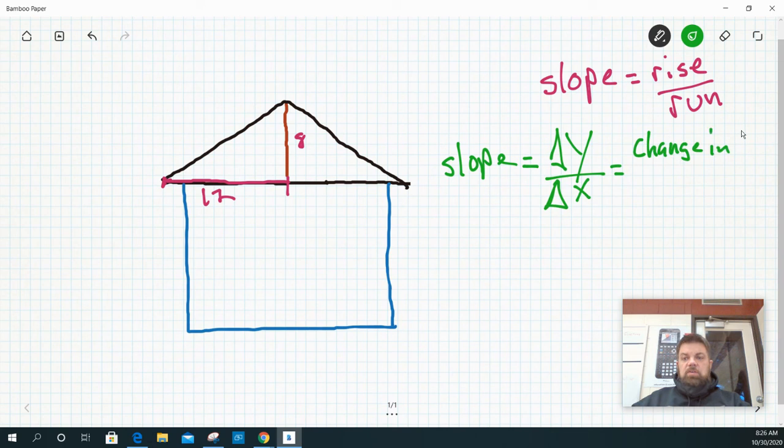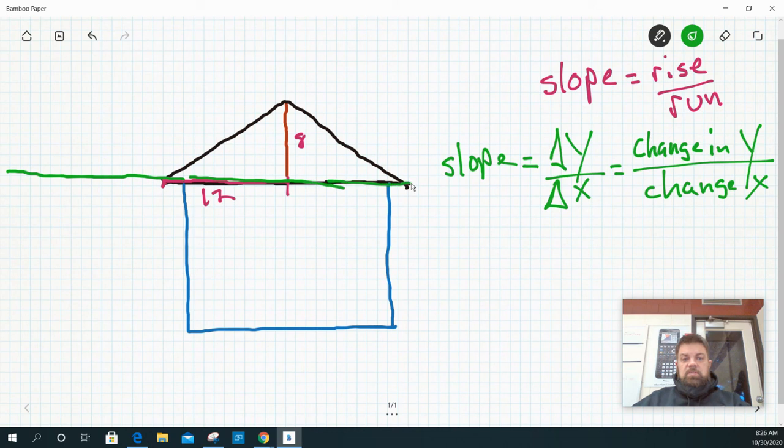in the y value versus the change in the x value. So now what that means is if I were to graph this house on the xy plane, I'm pretending that this house is on the xy plane where this is the x-axis, this is the y-axis.